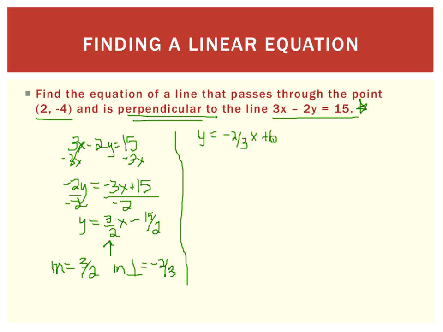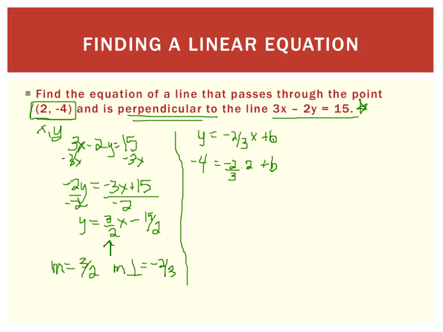I'm going back to slope-intercept form, saying I know I have a slope of -2/3, but now I also have a point, (2, -4). So similar to what we did before, we are going to substitute in this x, y point. So I have -4 equals -2/3 times 2, that's my x value, plus b.